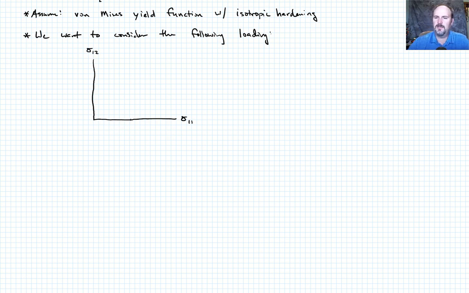And if we were to plot a yield surface here, if this was sigma naught, the initial yield value, so this is 1, 2, 3, 4, 5, 6, 7, let's say, so 1, 2, 3, 4-ish, something like right in here. This would actually be sigma naught divided by the square root of 3, and we end up with some yield surface in this space that looks like this.